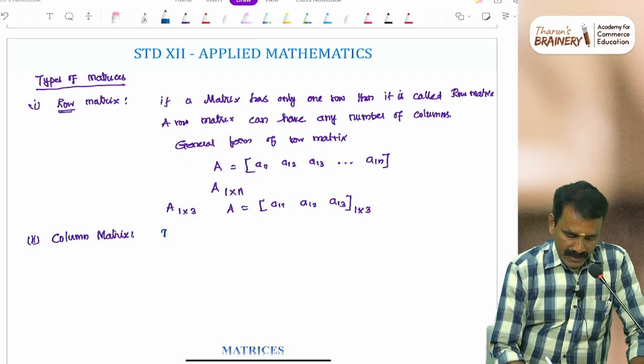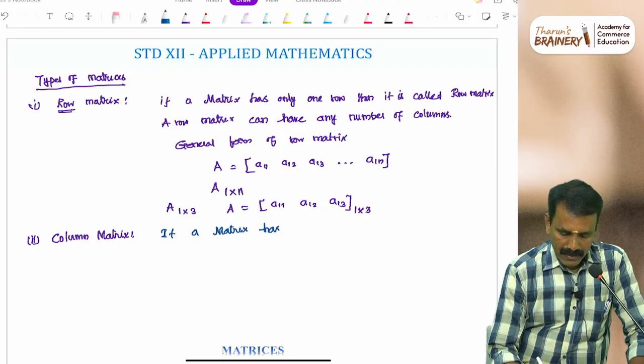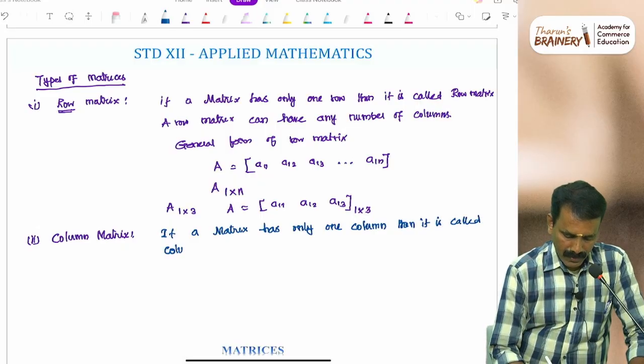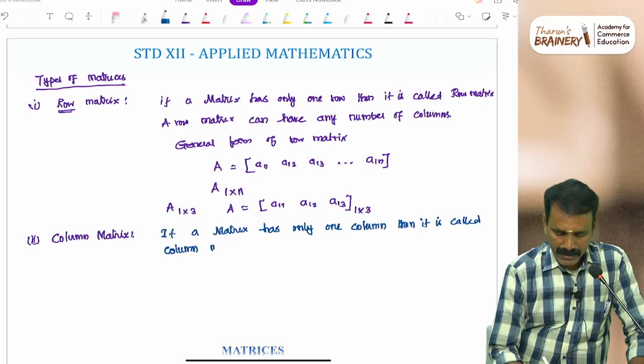If a matrix has only one column, then it is called a column matrix.